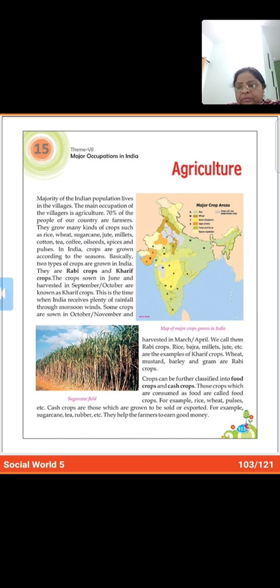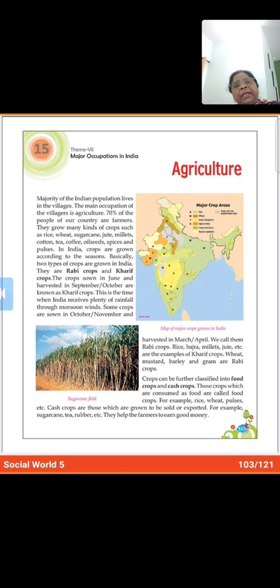And it provides employment, because these crops go to industries also, to refineries also. So hands are needed, no? So people get employed over there. So it provides employment to over 60% of the population.